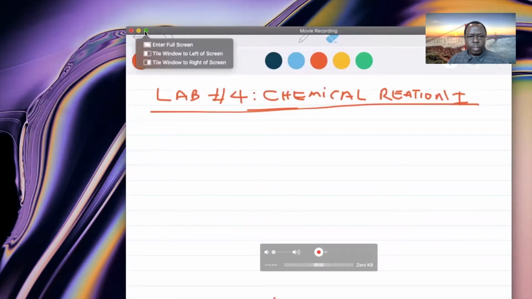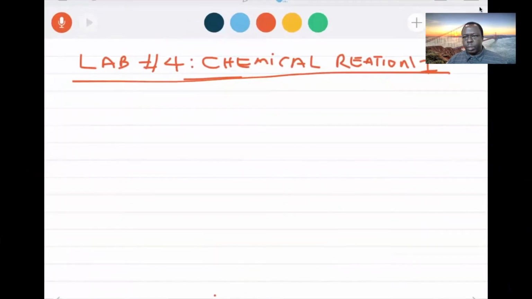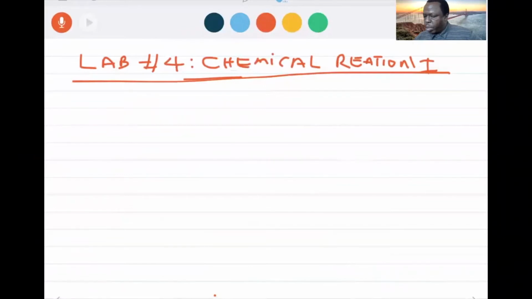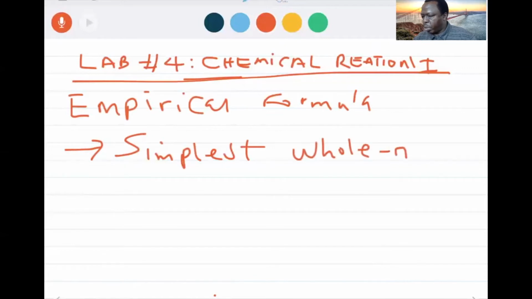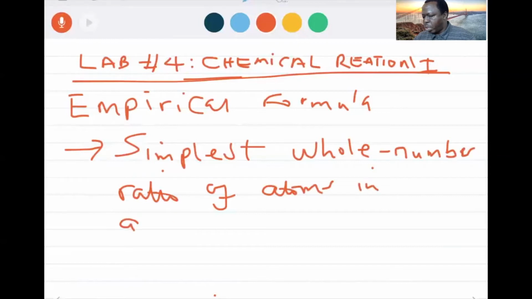Empirical formula is defined as the simplest whole number ratio of atoms in a compound.